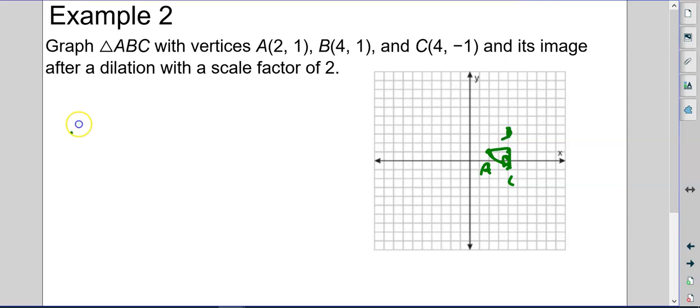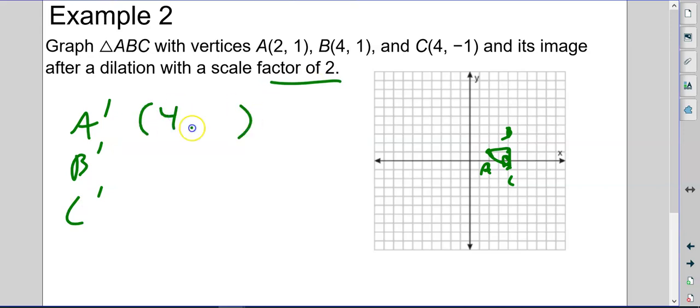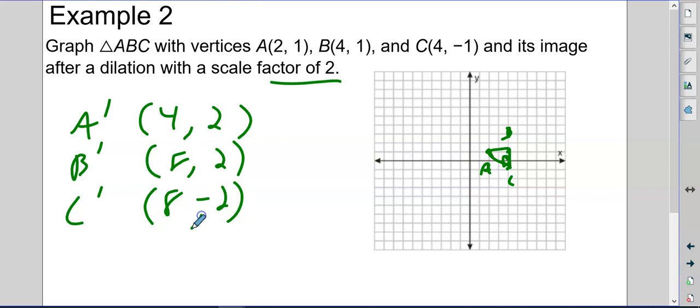So for my prime, I'm just going to multiply everything by 2. So 2 times 2 is 4, 1 times 2 is 2. 4 times 2 is 8, 1 times 2 is 2. 4 times 2 is 8, negative 1 times 2 is negative 2.